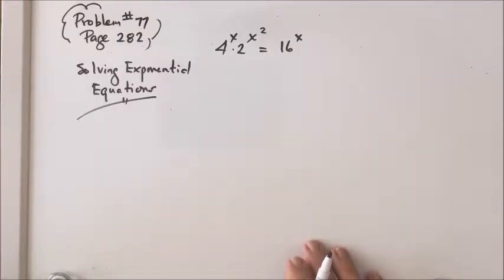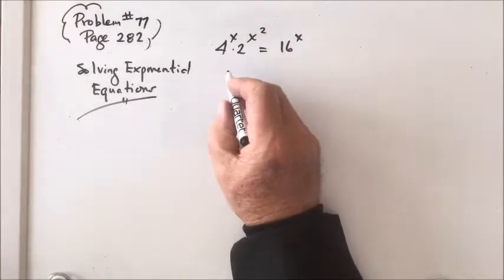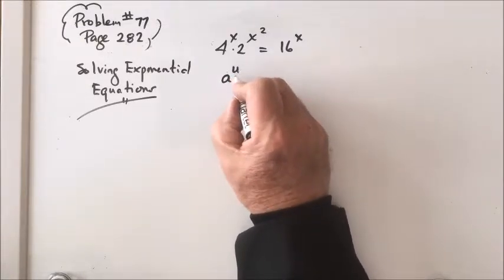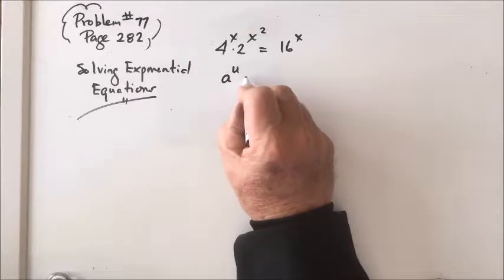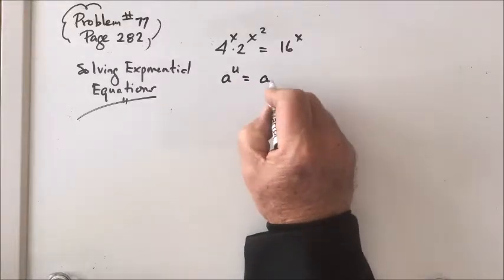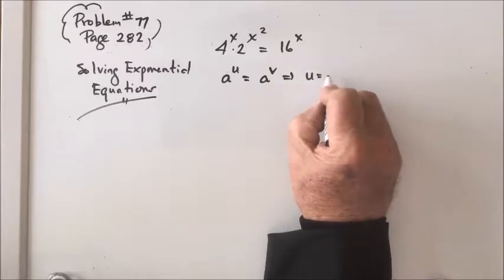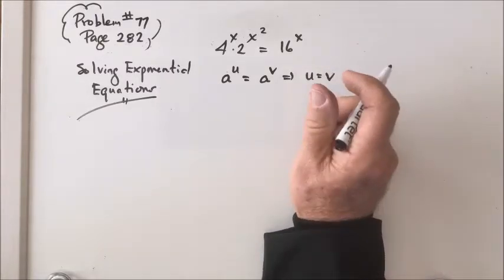So maybe the good news is at this point you only have one trick with regard to solving exponential equations, and that is if you have an equation which says I've got some base a raised to a power u, and it's equal to the same base a raised to the power v, then u is equal to v, and you move on and solve u equals v.